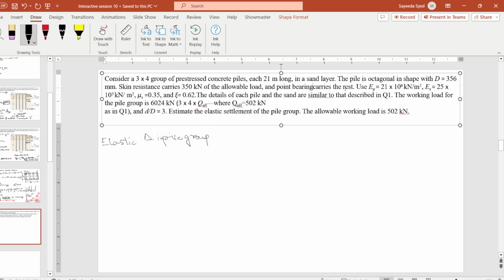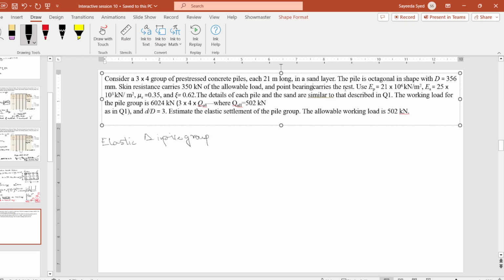As I was saying, the settlement in the group is directly proportional to our BG. So as the breadth of the group increases, the elastic settlement in the pile group will increase.